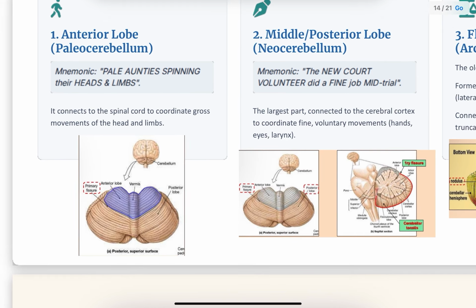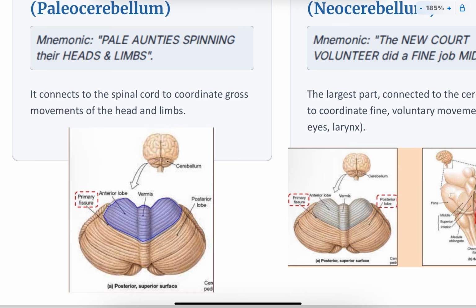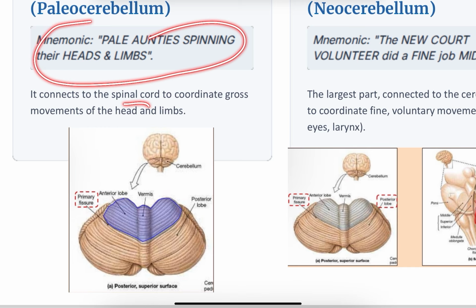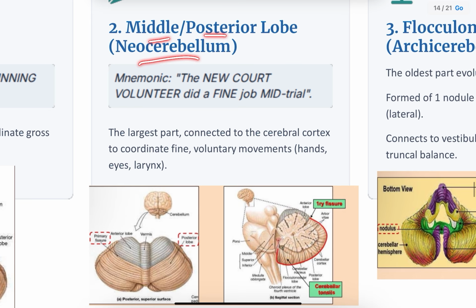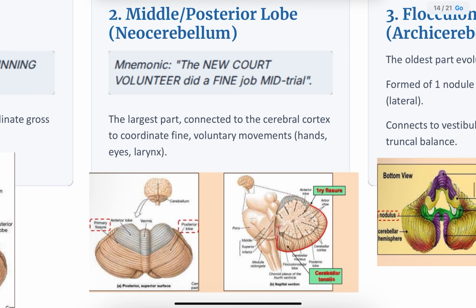So again, the anterior lobe, it's the one that we see here, okay? And remember the mnemonics associated to connect to the spinal cord, head, and limbs. Then we have the middle or posterior neocerebellum, the largest part, associated with the cerebral cortex for fine voluntary movement of the hand, eye, and larynx.